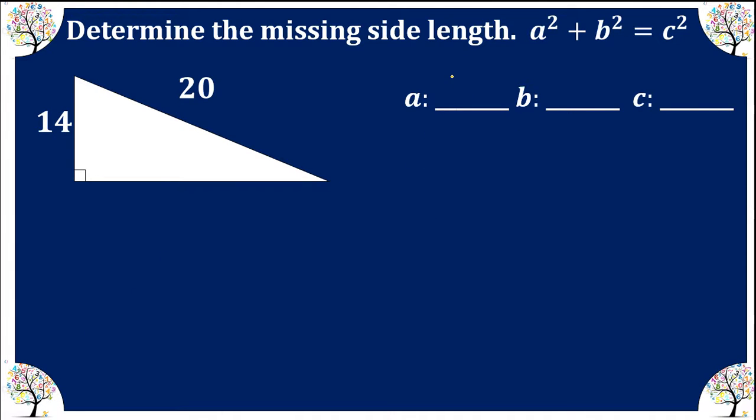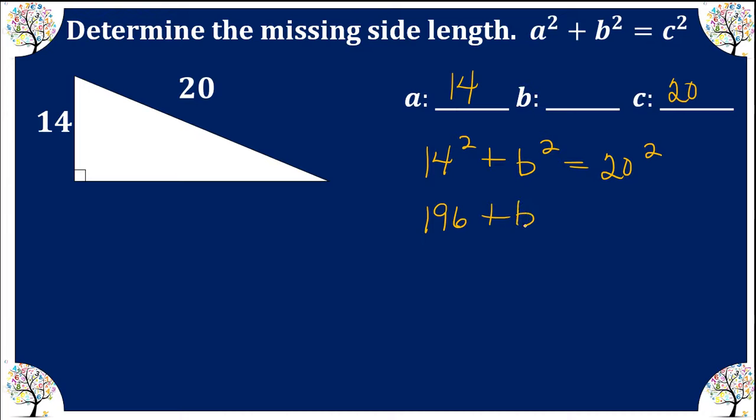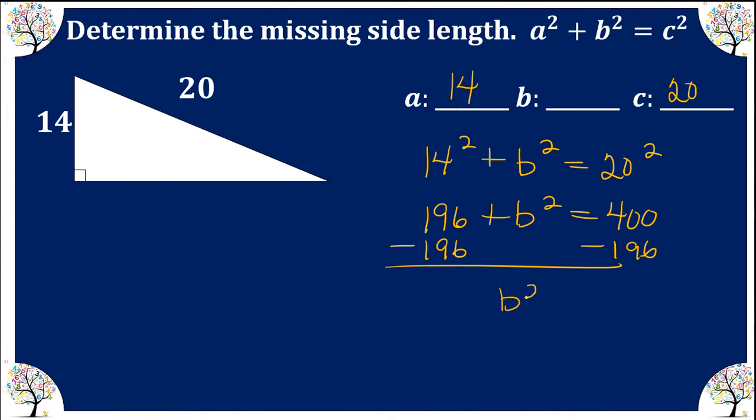Here we have leg A, and we have the hypotenuse, and we don't know the leg B. So we're going to plug that into our formula. We're going to square, and we're going to subtract out because we're solving for B, so we need to isolate B. And again, 204 is not a perfect square number, so we're going to get about the value.